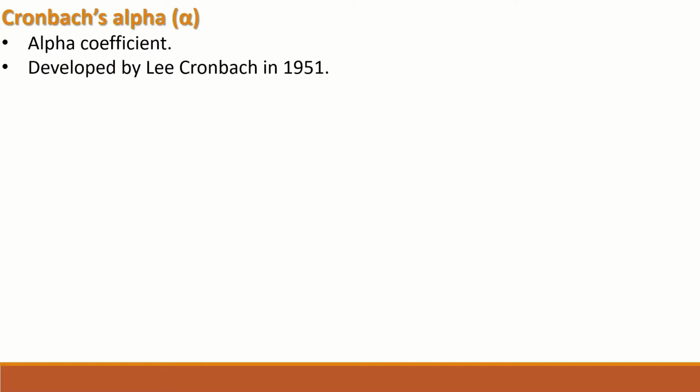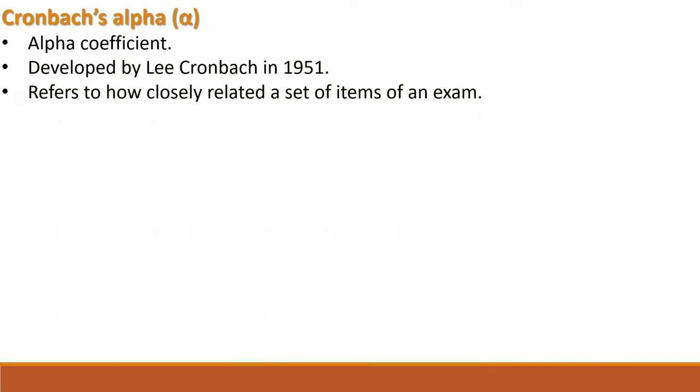Cronbach's alpha, or equivalently called alpha coefficient, was developed by Lee Cronbach in 1951. It refers to how closely related a set of items of an exam are.